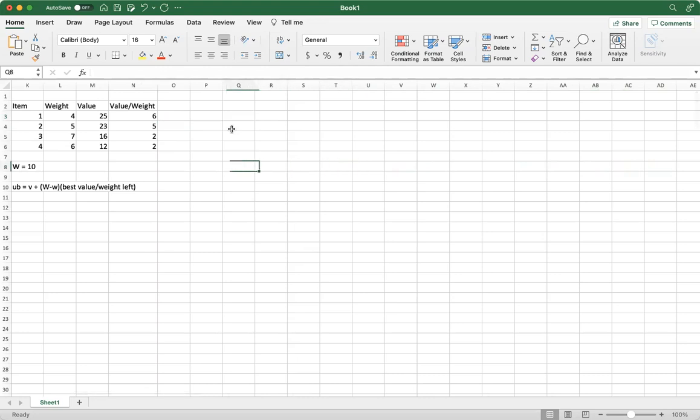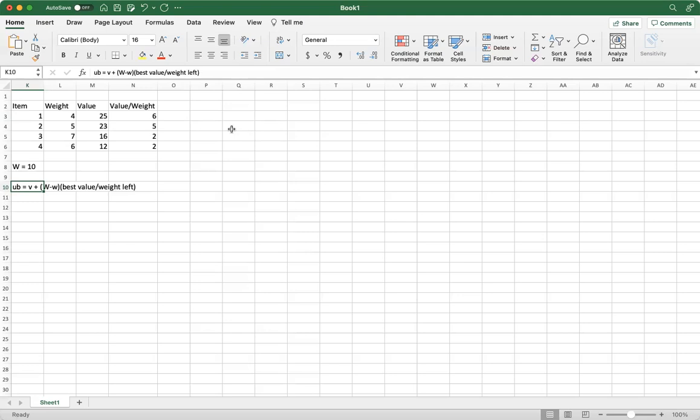At each point we're going to create this upper bound, which is the best possible answer that we can get, basically. We do that by taking the value of the current selection, what we've picked so far, and then the total weight minus the weight that we have picked so far, and we multiply that weight times the best value to weight ratio.